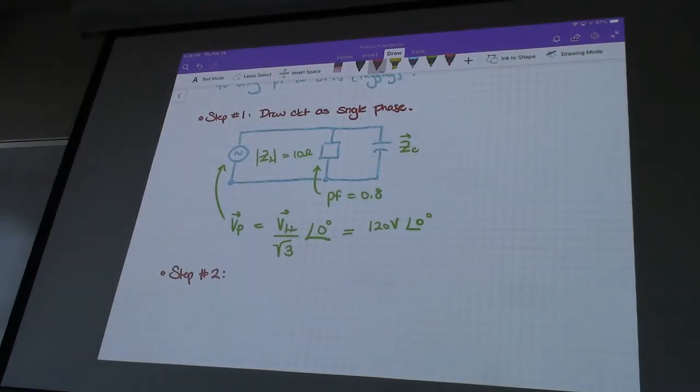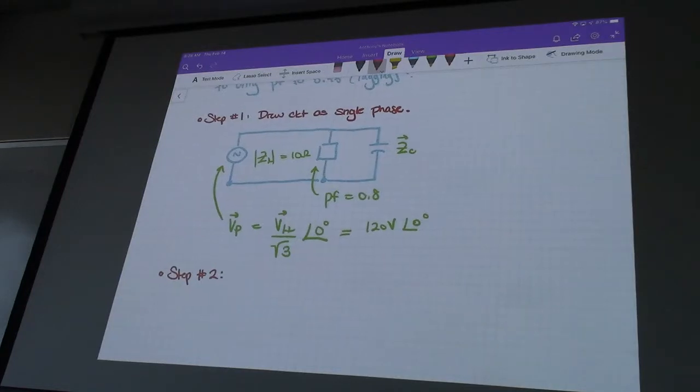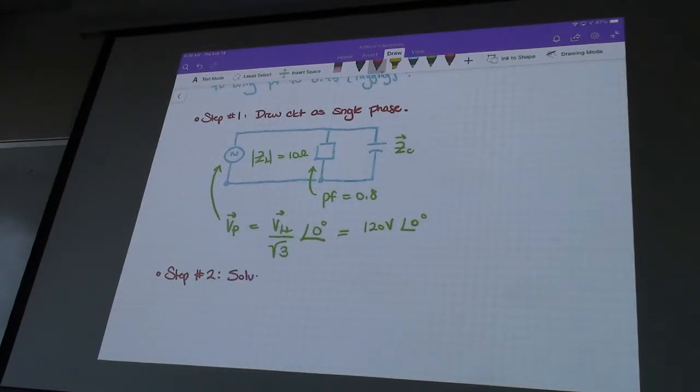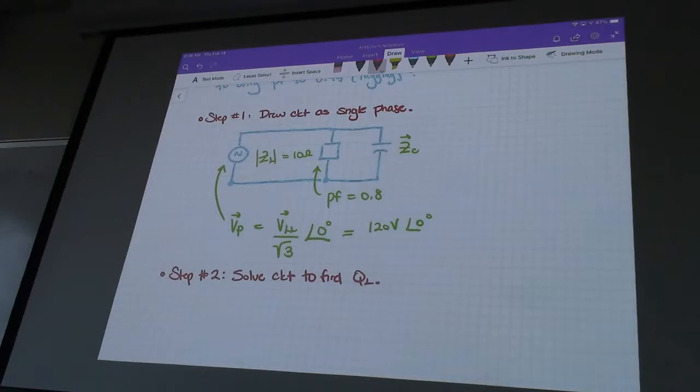Okay, so let's solve the circuit to find QL. Right, if we have this right here, this will be SL.